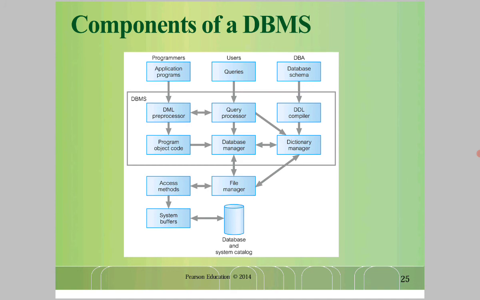The file manager manages all the file operations, like creating, renaming, copying, and deleting files. Access methods means different access methodologies are used, like direct access, random access, and sequential mode. Then system buffers, and finally we come to the databases and system catalog, meaning the physical database portion of the DBMS.